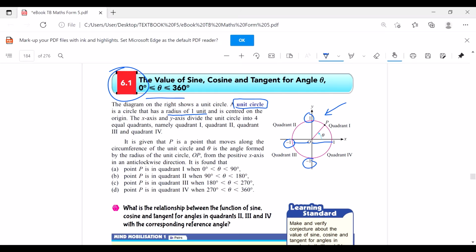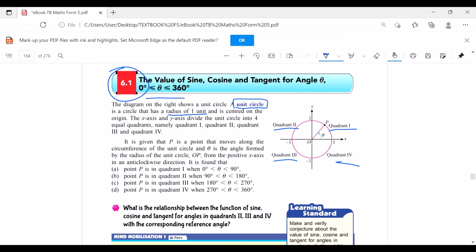The center is here, the origin. So you have 4 quadrants here. Quadrant 1, this one, quadrant 2, 3 and 4.